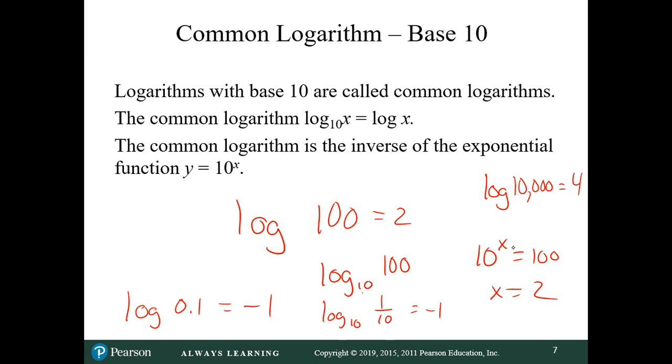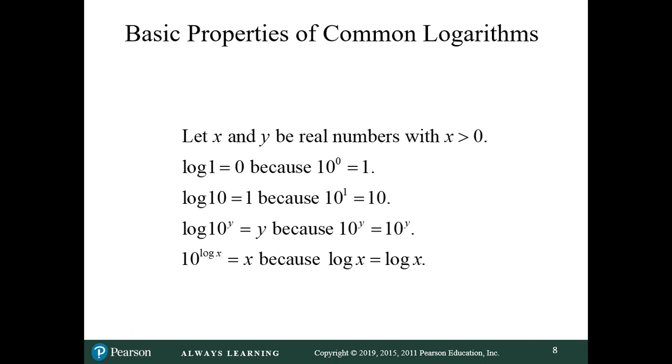So log base 10 of 1 equals 0, and log base 10 of 10 equals 1. This to this power equals this. 10 to the first equals 10. 10 to the y equals 10 to the y. 10 to the log of x just equals x.